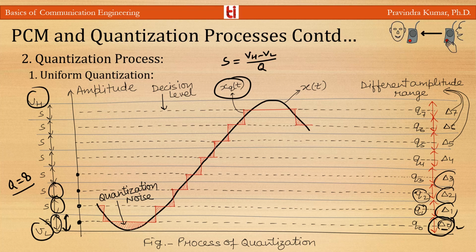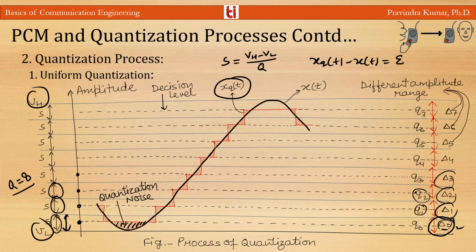So the quantized signal xq(t) is an approximation of x(t), and the difference between them, that is xq(t) minus x(t), is known as the quantization error or quantization noise. The quantization error is shown in this figure as the shaded region, and the maximum value of the quantization error is plus minus S by 2, where S is the step size.